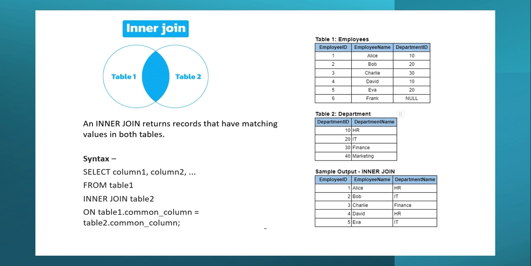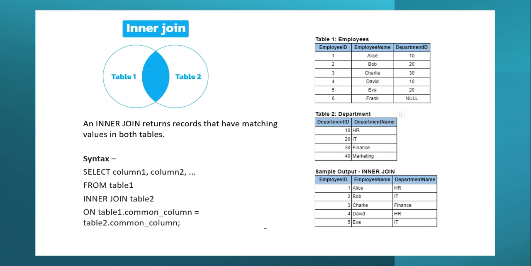We can clearly see that Alice with employee ID 1 has department ID 10, and it matches with the HR department in the departments table. Bob, with employee ID 2, has department ID 20 and it has been matched with the IT department.